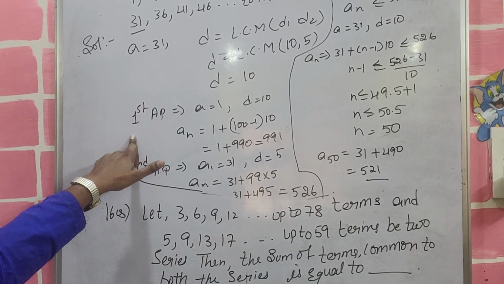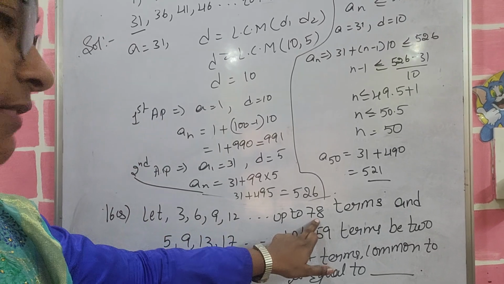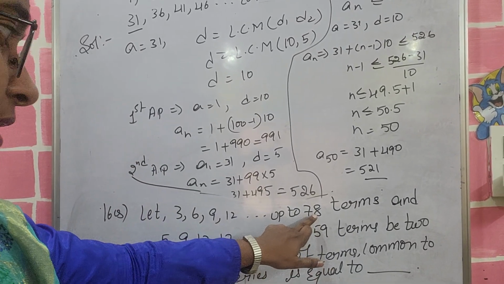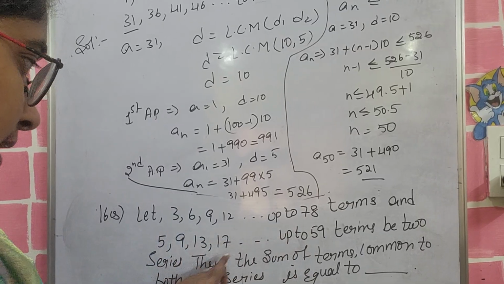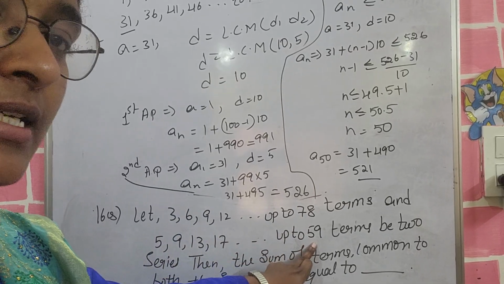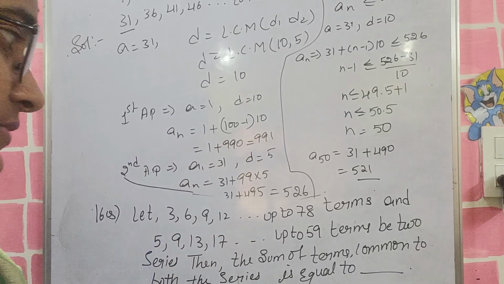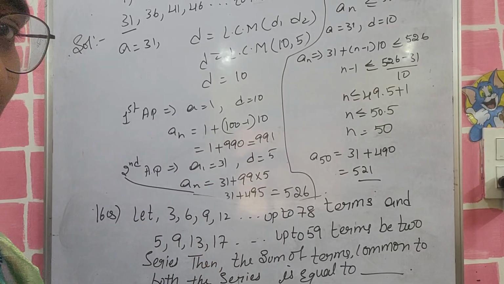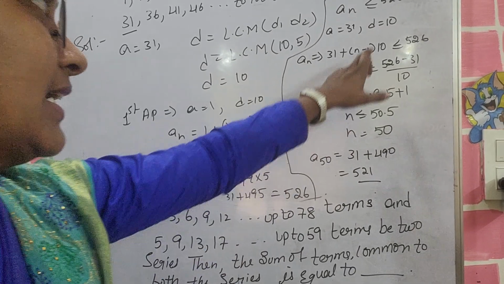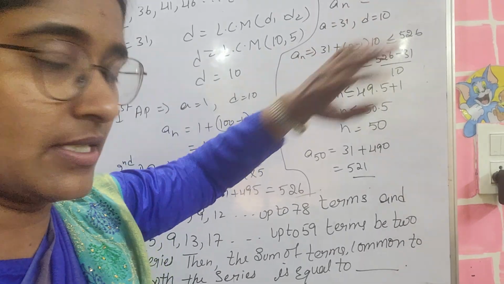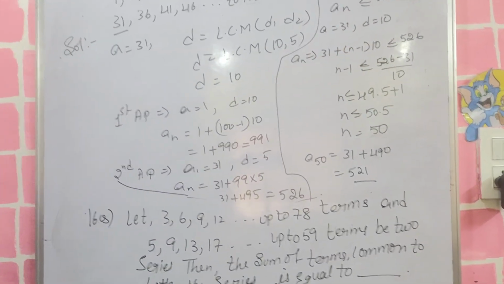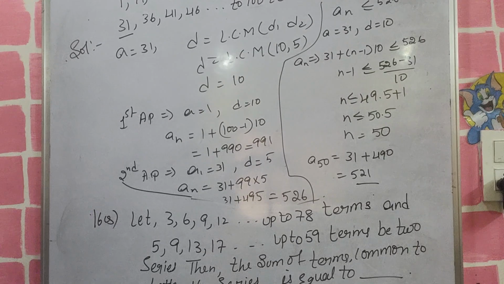The same thing, the last value of the first series we find by keeping n as 78, and for the second series the last value with n as 59. Whichever is the lesser last value, we take the common series as less than that. So in that range we find the n value.